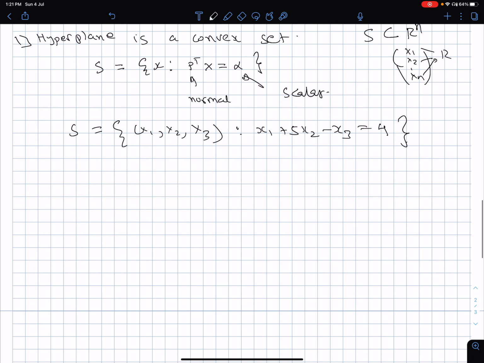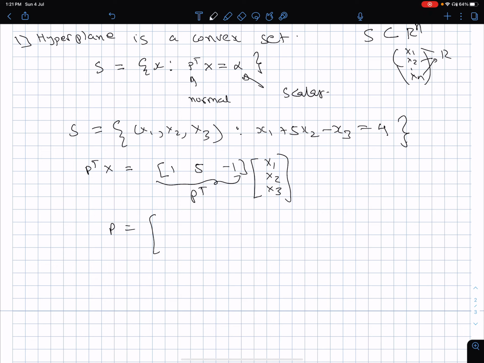Now let us see how I can express it as P transpose x. Yes, I can express it as the row vector 1, 5, minus 1 times x1, x2, x3. Call this row vector P transpose, which is to say that P is 1, 5 and minus 1.